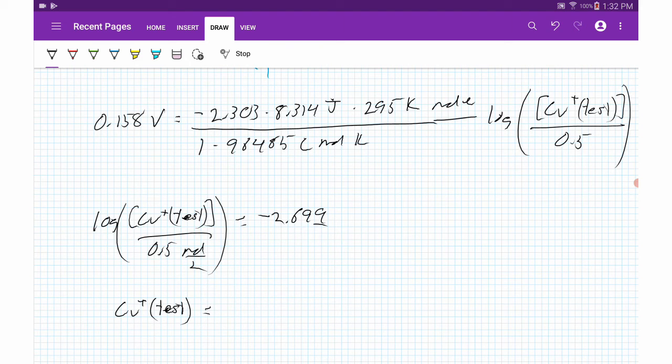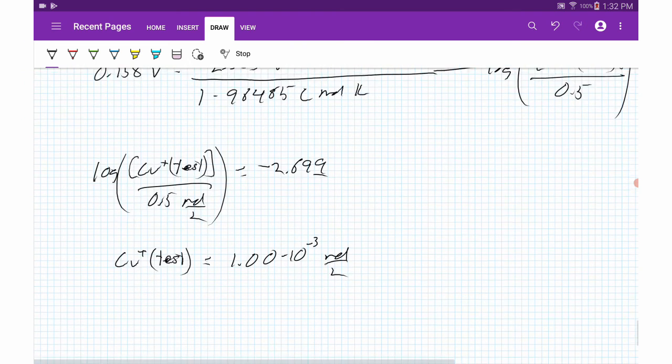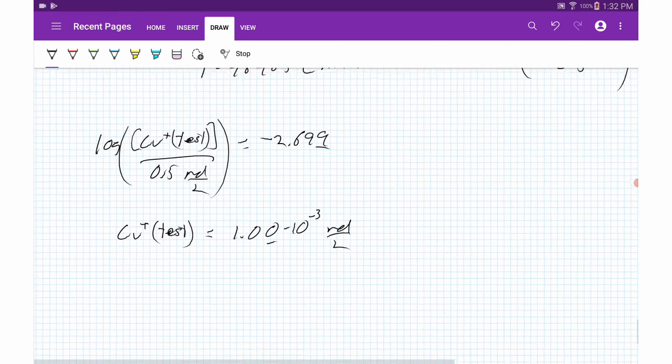And when you remove the logarithm and multiply by 0.5, you find out that the copper ion concentration in the test cell is 1.00 times 10 to the minus 3 moles per liter.